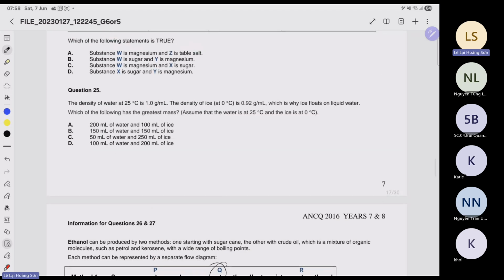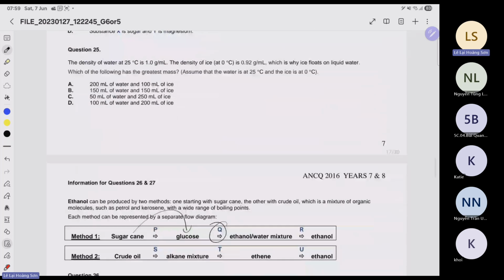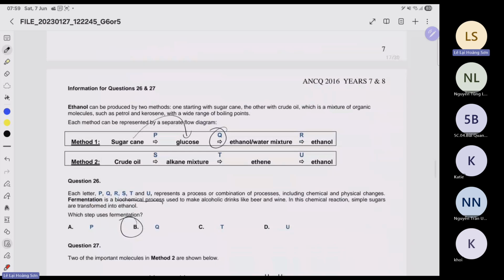Number 26 is Q, which is option B. All right, let me explain. Sugar cane to glucose: if you know how to make sugar cane juice, you know that the first step is to crush the sugar cane to ooze out the juice. So it's a physical process.